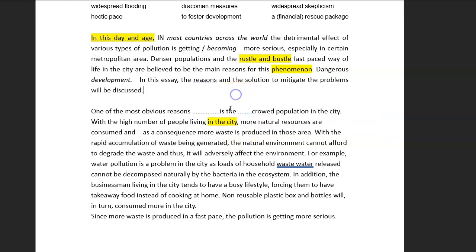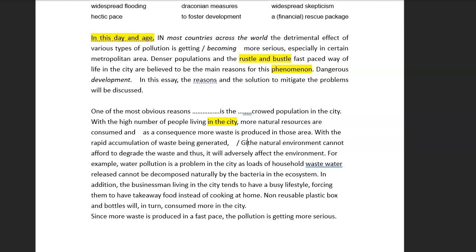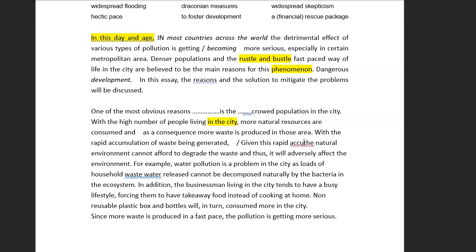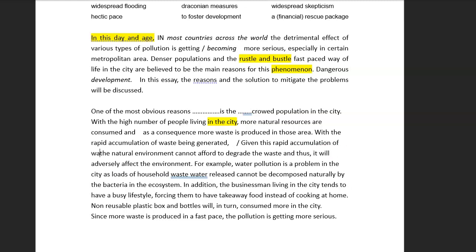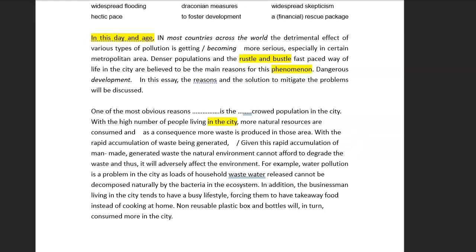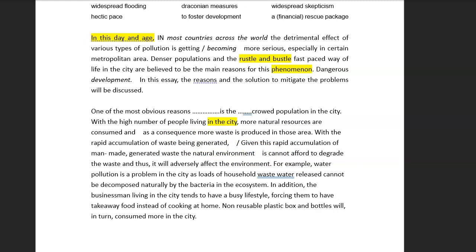I can see what you're trying to do, but maybe you could say instead, given this, given is quite nice, given this rapid accumulation of waste, of generated waste, or man-made generated waste, the natural environment is degraded.